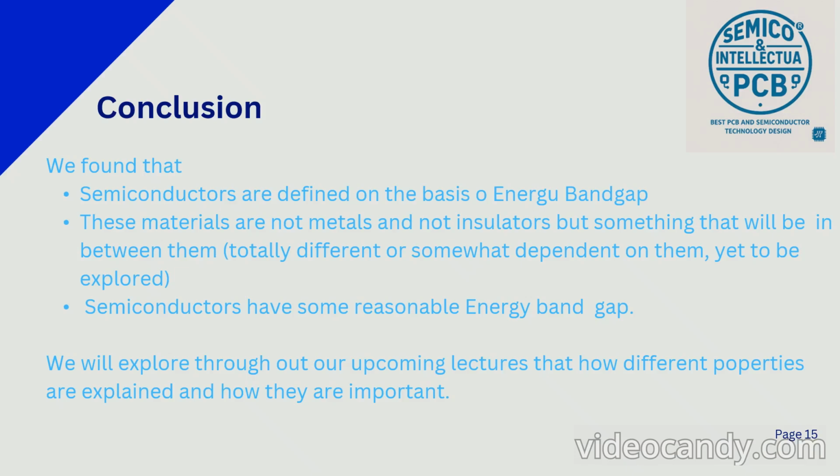So, if we conclude, the energy band gap requirement for a semiconductor material is from 0.3 electron volts up to commonly 5 electron volts, but in some cases like gallium arsenide and gallium nitride it can exceed to 5.5 or 6 electron volts.